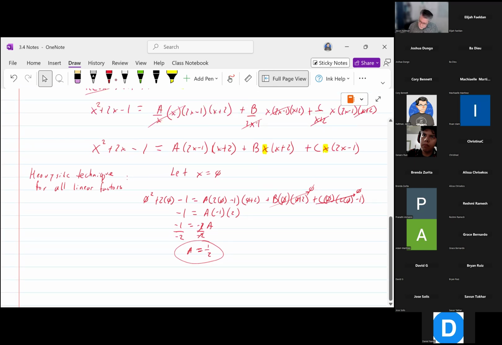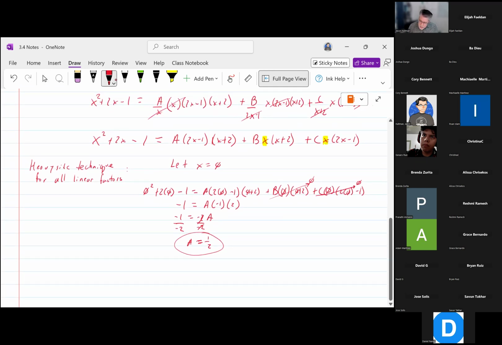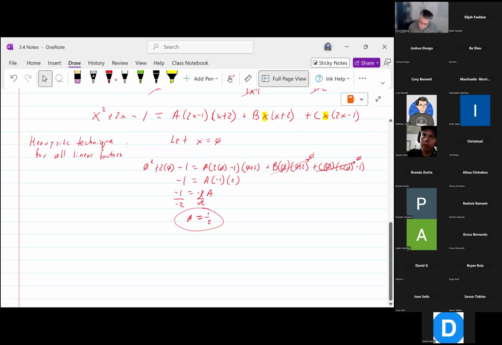Okay, now what I'd like to do is get rid of the a term and the c term. The a term and the c term both have 2x minus 1 in common. So what value, when I plug in there for x, will allow me to get 2x minus 1 equal to 0, so that I can just solve for the b?